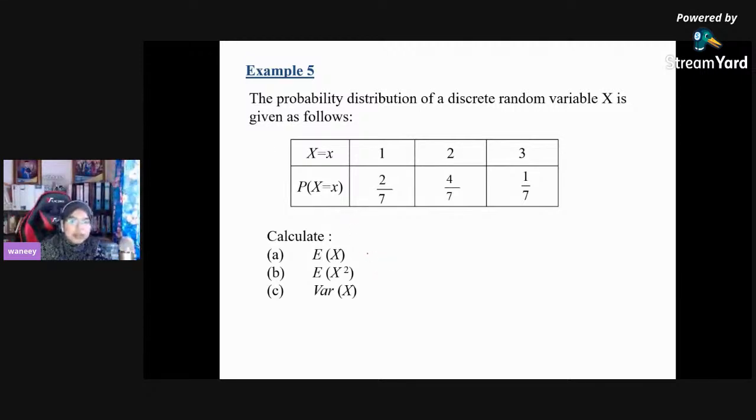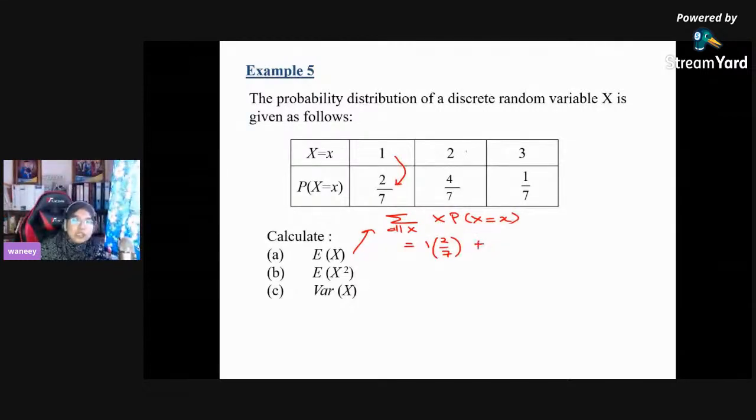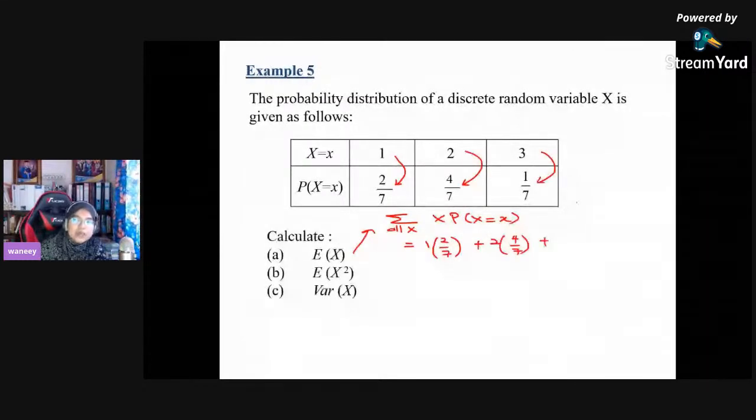Okay, so in order to calculate expectation of x, that is equal to the summation of all x, x multiplied with P(X equal to x). So we do 1 times 2 over 7, plus 2 times 4 over 7, plus 3 times 1 over 7.